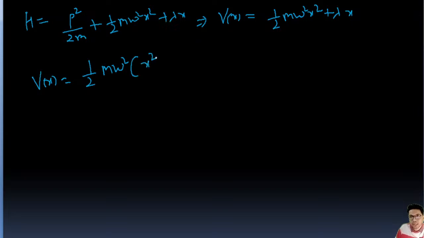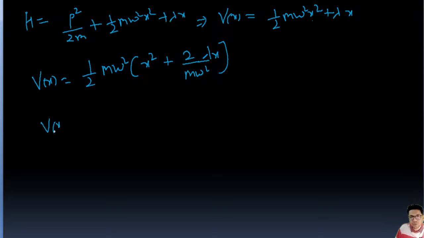Then x square plus 2 upon m omega square lambda x, right? Because if you multiply this, the omega square and the 2 get cancelled, and only the lambda x value remains. Hope you understood this step.